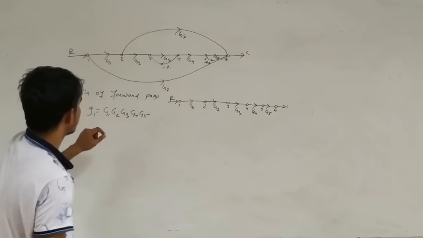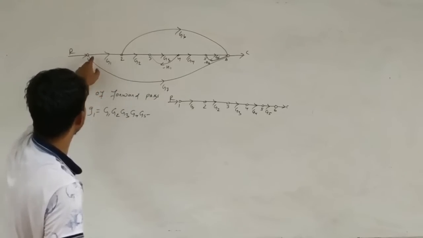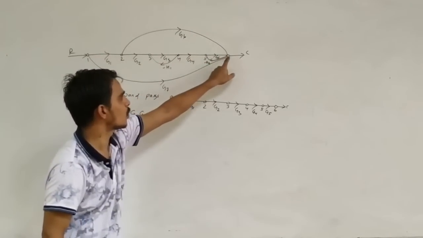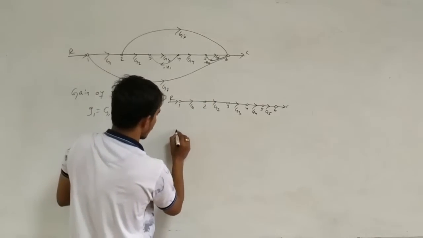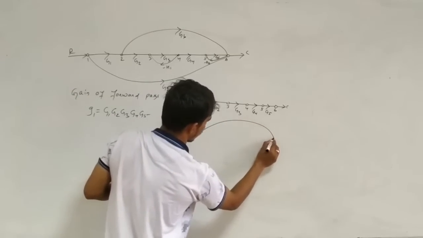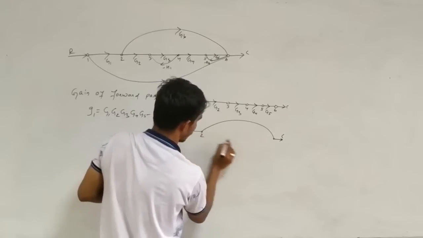Similarly, consider whether any other forward paths are there or not. See, this can be a forward path, node 1 to 2, then directly to node 6. Node 1 to 2, then directly to node 6.